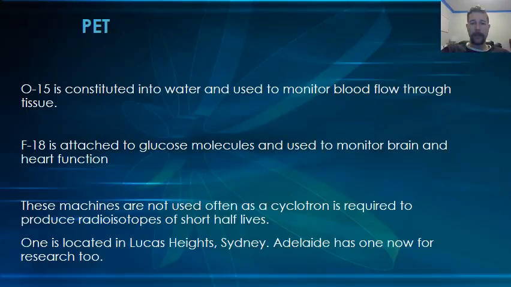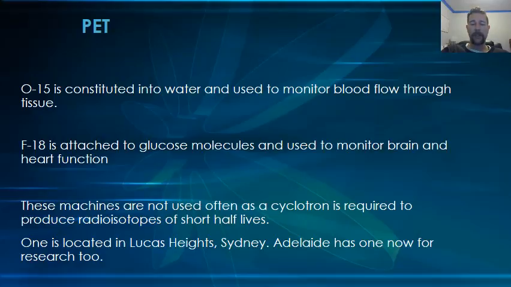As part of the syllabus, you're required to know some applications of some specific radioisotopes. So oxygen-15 is constituted into water and is used to monitor blood flow through tissue. Fluorine-18, which is what we looked at before, is attached to glucose molecules and used to monitor brain and heart functions.